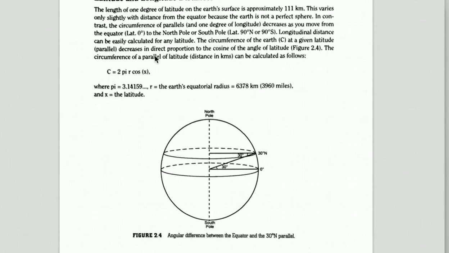So C, as it says up here, is going to be the circumference of the Earth, equals 2 pi, and I know pi goes on infinitely, but pi here is going to be 3.14.